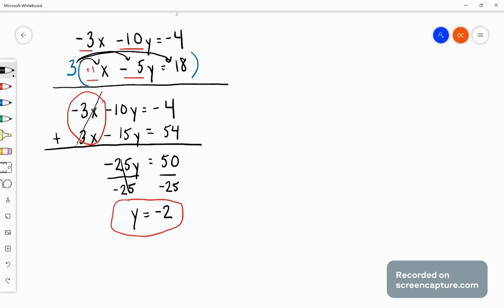Okay, and so we're going to take one of our original equations. Again, it doesn't really matter which one you choose. I'm going to choose the x minus 5y equals 18, just because the x already has a coefficient of positive 1. I like all those things, so I'm just going to do that. I can show you it will not make a difference, whichever equation you choose. I just like to think of which one would be easiest to solve.